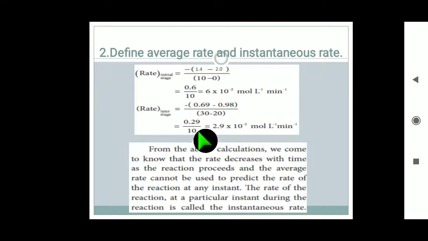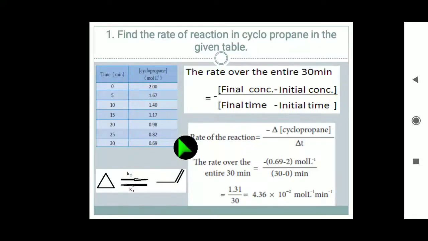Okay, but what is instantaneous rate? So instantaneous rate means at any time. So in the table we can find 5 minutes interval, they have given the concentration, how they are decreasing.